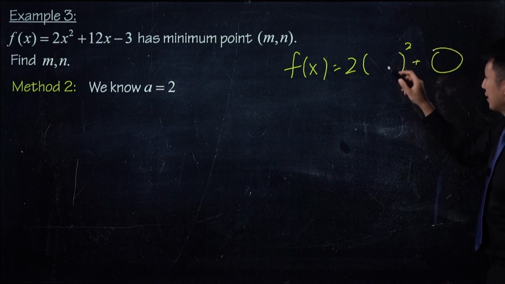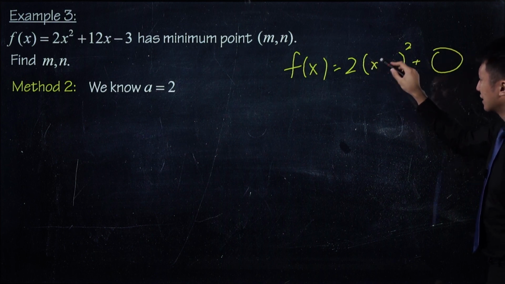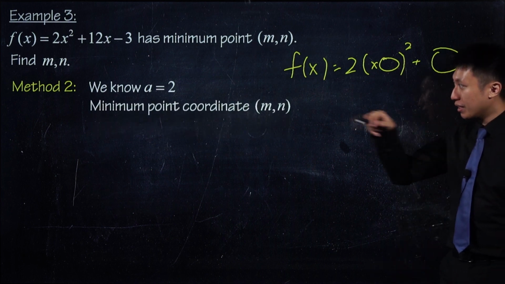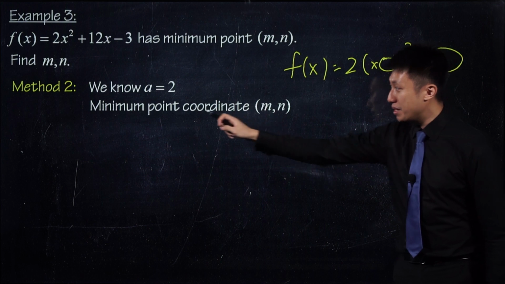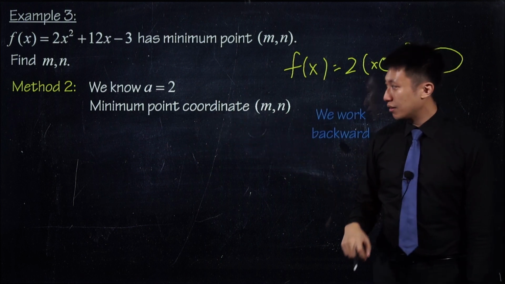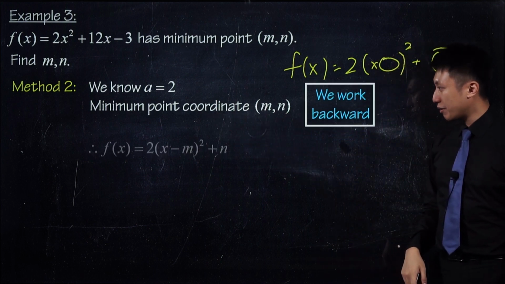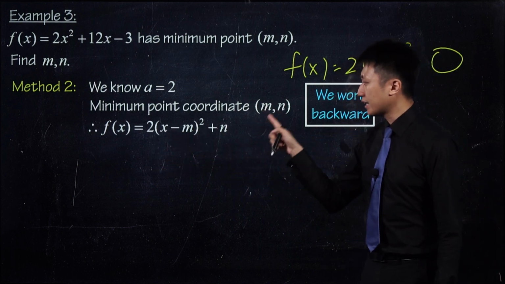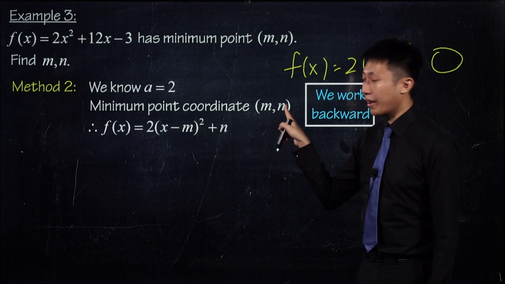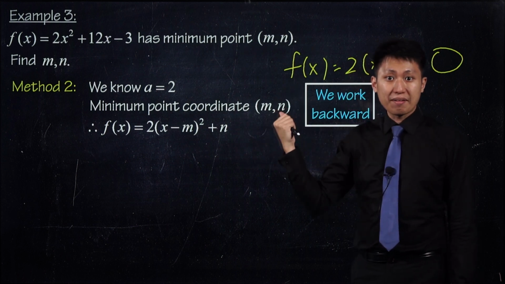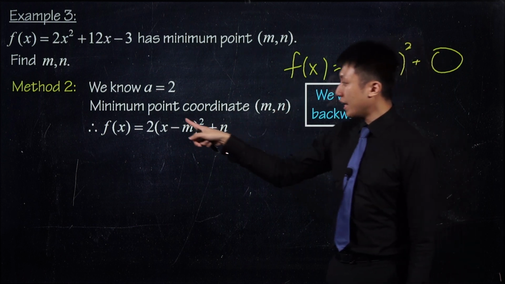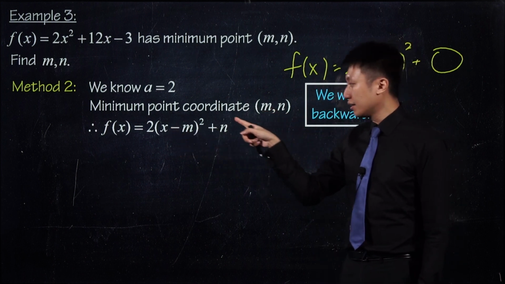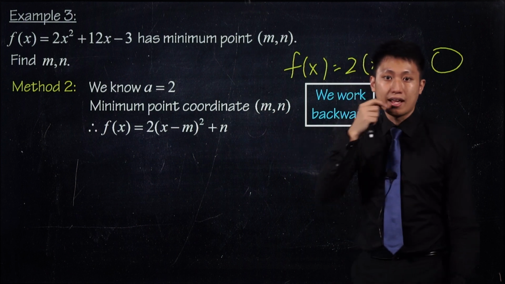Moving backward, if we know the minimum point, then we minus the x coordinate, then plus the y coordinate. You let this one be equal to 0, then you get m, and then you directly take this value n.